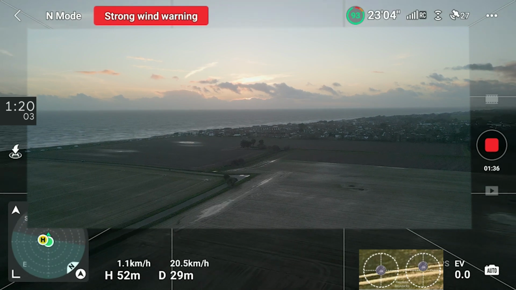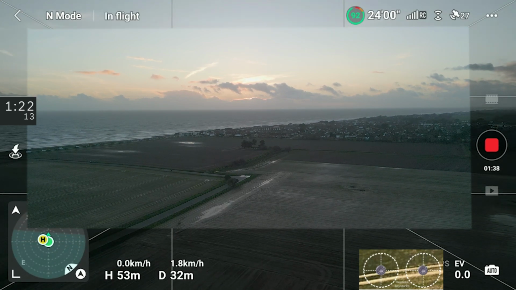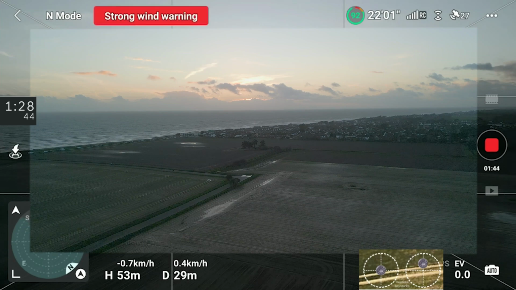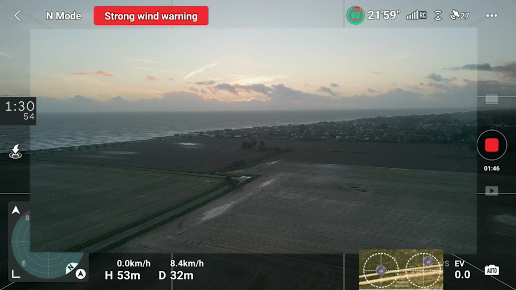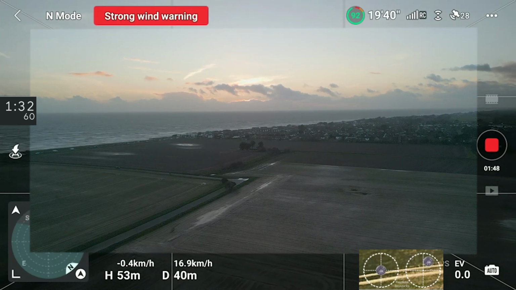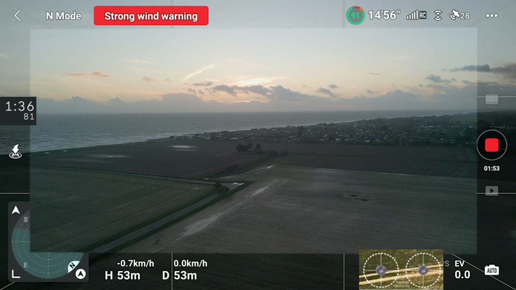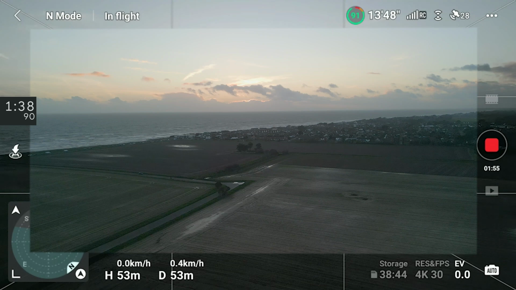These were the readings I got from Airdata UAV, so I've just added that to give an idea where that is in conjunction with the time of the flight. So it's not having much real effect on flying the drone here.